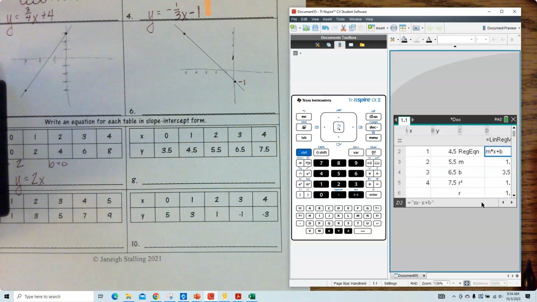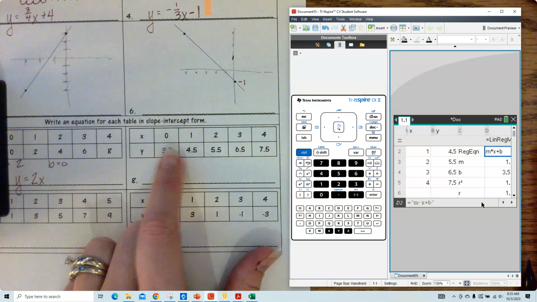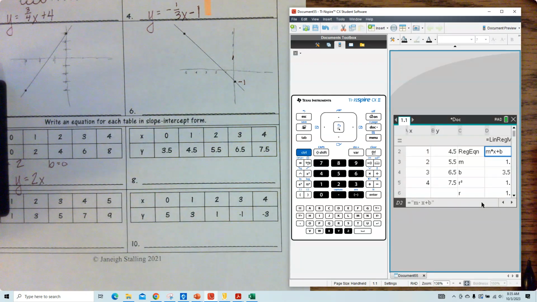This one is okay to leave as a decimal. How you can tell if you need to do decimals or fractions: if there's decimals in your problem, it's okay that your answer's in decimal form. If there's fractions in your problem, then your answer needs to be in fraction form. Linear regression, doing it this way, only gives you decimals.